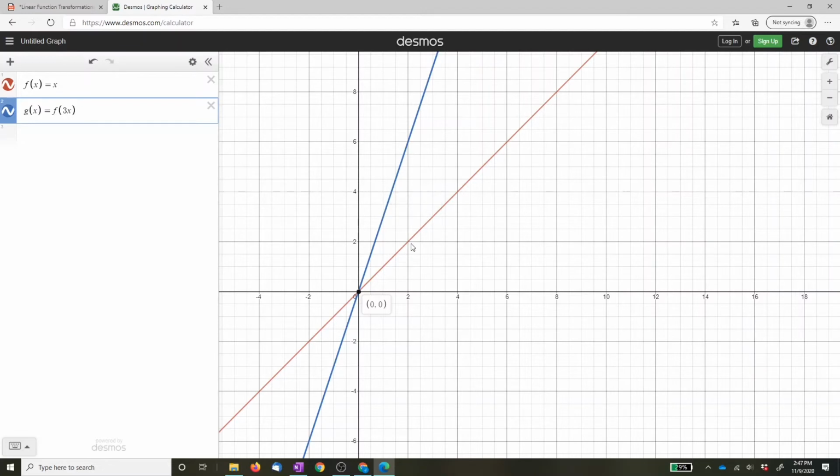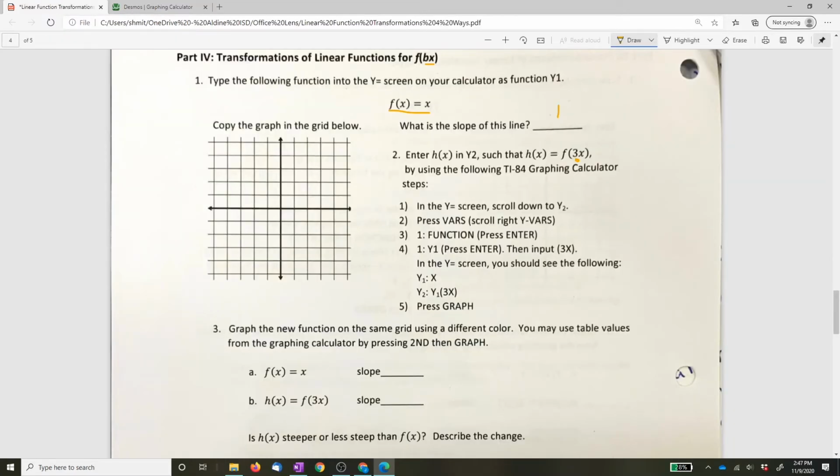What's a good point? Okay, 2 goes with 2 in the original. 2 goes with 6 in the new one. Okay, so let's put the original one that's going to go through each corner right there.